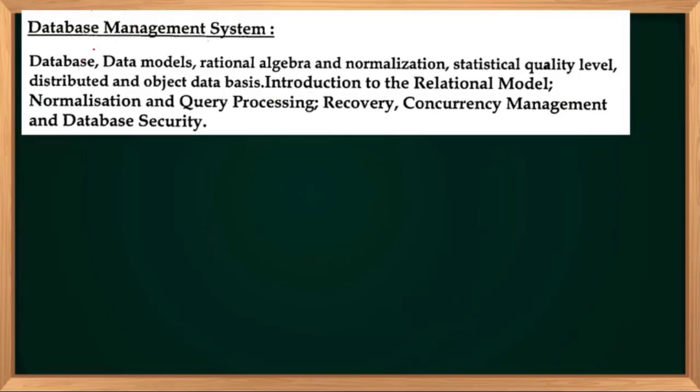Database management system consists of these sections: database, data models, relational algebra and normalization, structured query language, distributed and object-oriented databases, introduction to the relational model, normalization and query processing, recovery, concurrency and management, and lastly database security.